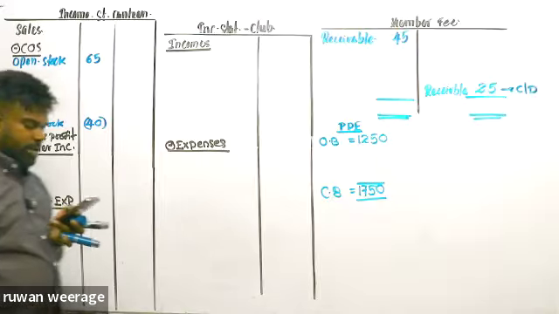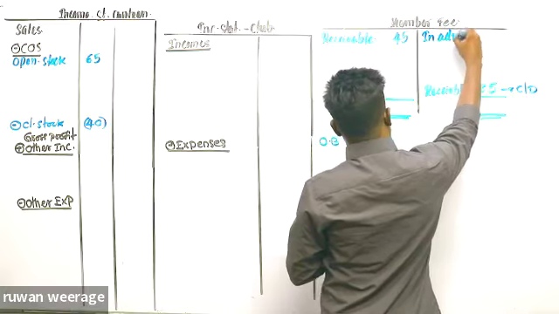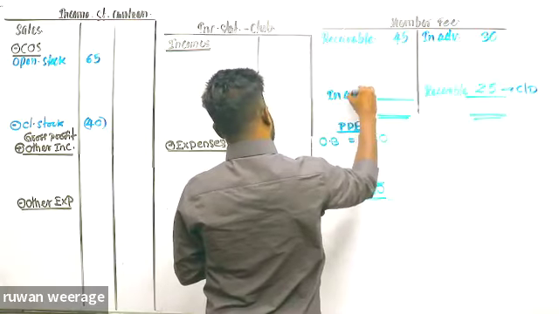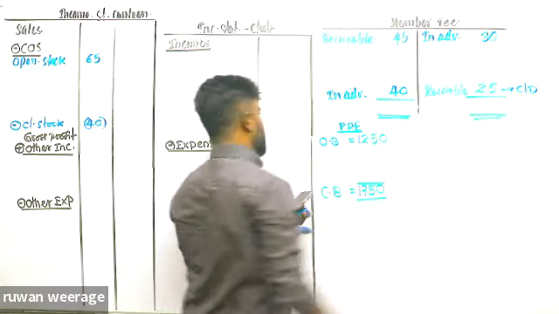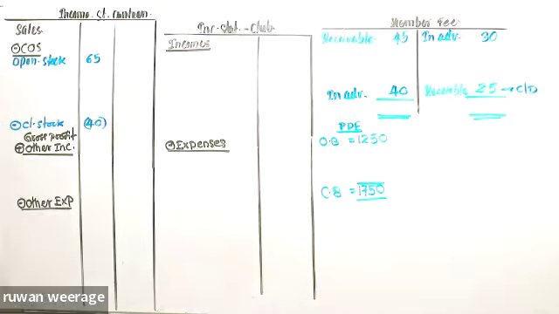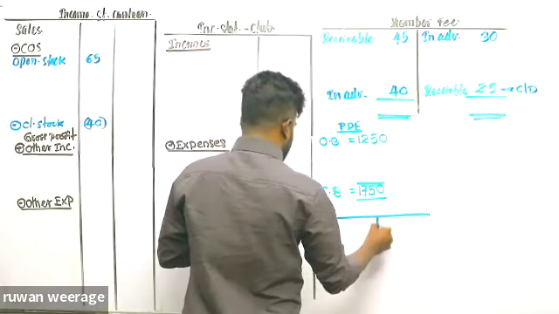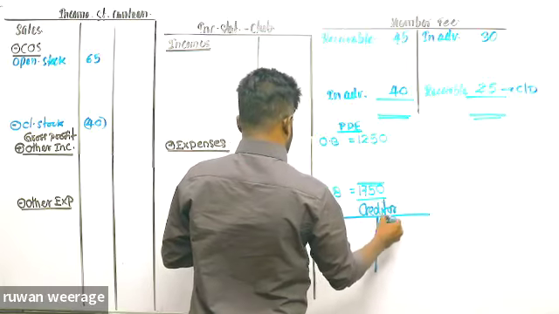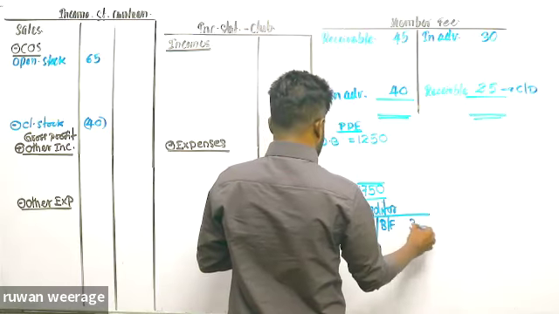Next one, member fee received in advance. Opening balance in advance 30,000. Closing advance balance 40,000. Put these in the relevant places. Next, creditors. Prepare the creditors account here, in workings. Opening balance 30,000.